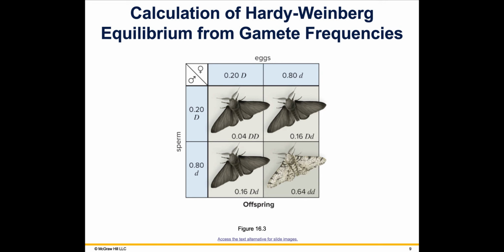They would look that dark color, but they would have that hidden recessive gene. And then we've got our homozygous recessive, where we have our speckled light colored, and that's 64 percent or 0.64 in the population.